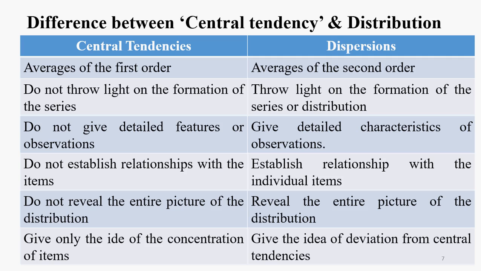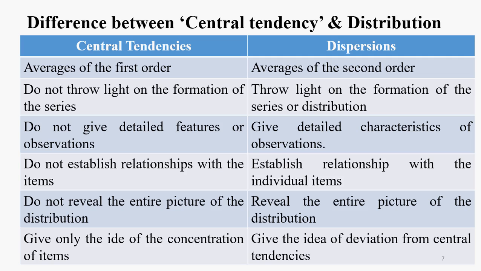Central tendency throws light on formation of the series or distribution. And moreover, with regard to central tendency, they do not give detailed features or observation. This is the problem with regards to central tendency.